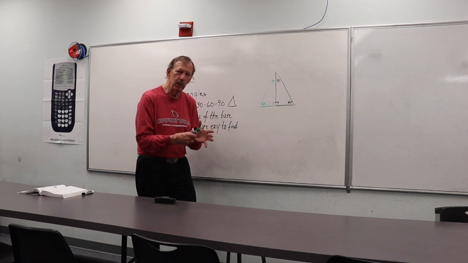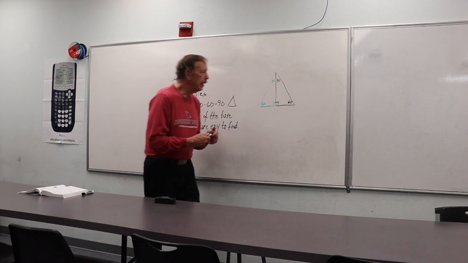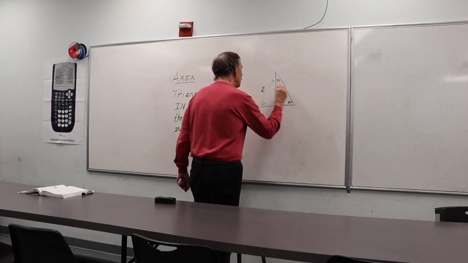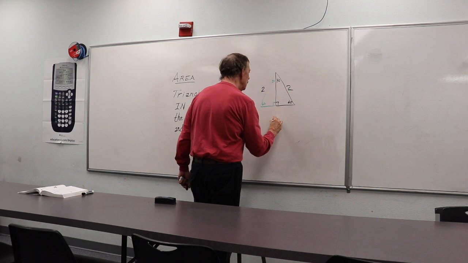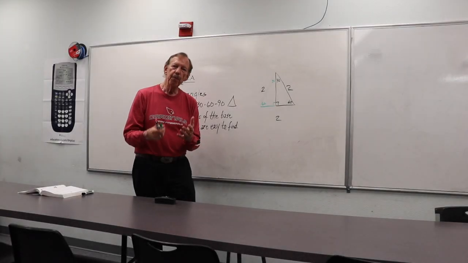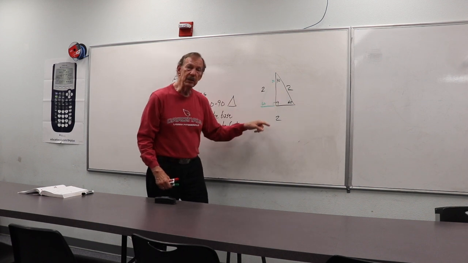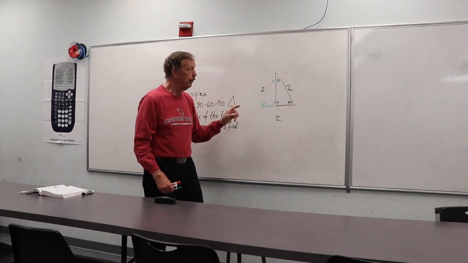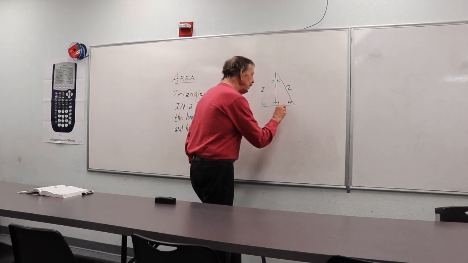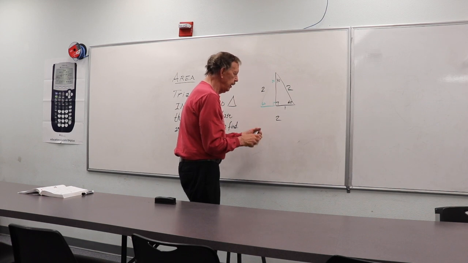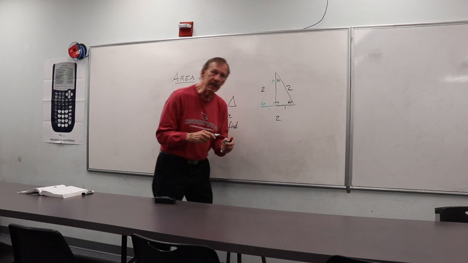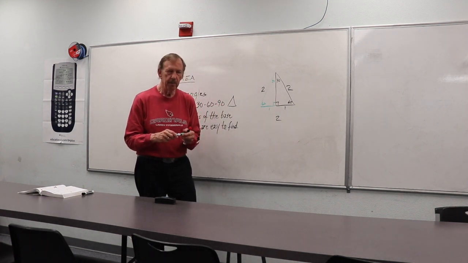But let's look at the relationship. If we begin with all of the sides of the triangle 2, then common sense tells us that this piece is 1 and that piece is also 1.